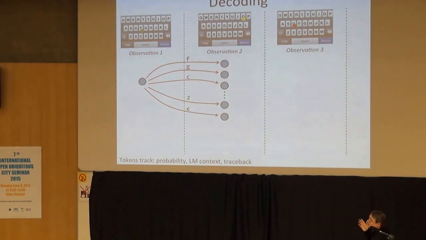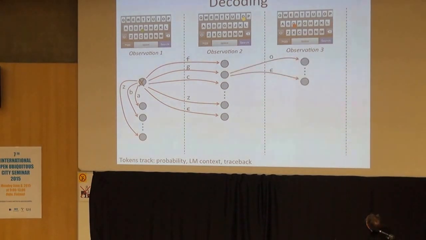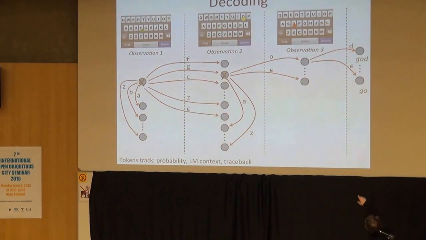So we're going to spawn an epsilon transition, which means go to the next step and do not generate a letter. It's also going to spawn tokens for the same observation, meaning that this tap was actually intended to be multiple letters, and so on and so forth. And then the tokens in observation 2 are going to have a similar process, and they can also spawn tokens that stay in observation 2, etc. And in the end, some of these tokens are going to end up having no observations to deal with.